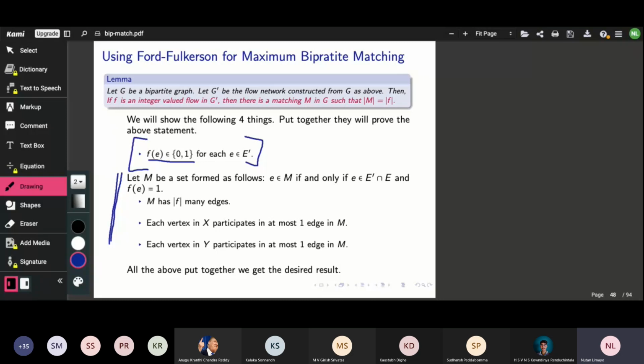Okay, so there is one comment here. Yeah, for F many edges, we need to prove statement 1 anyway, right? What do you mean by statement 1 here? Are we calling this statement 1?